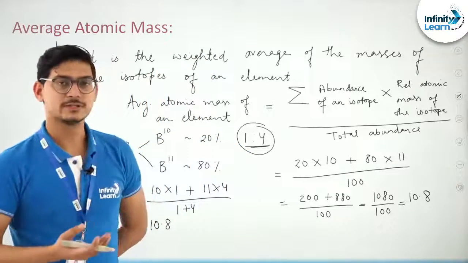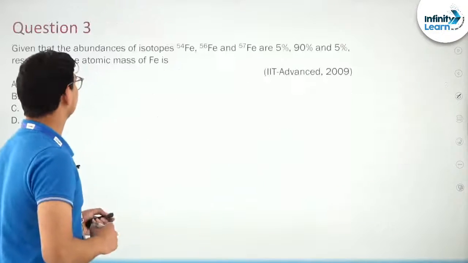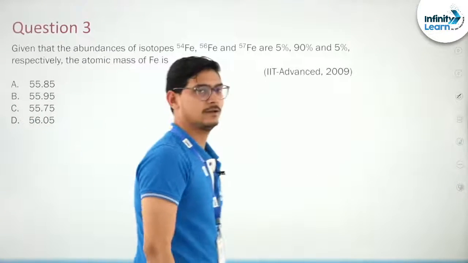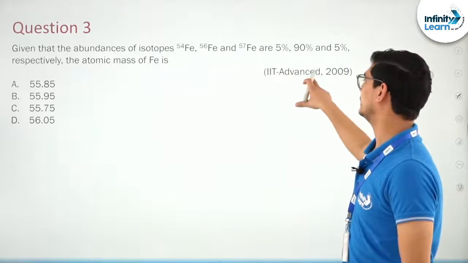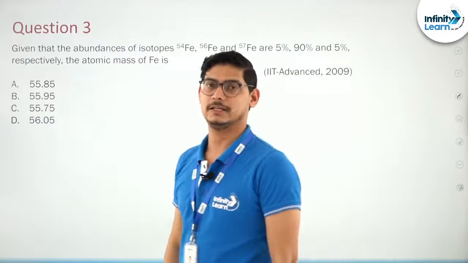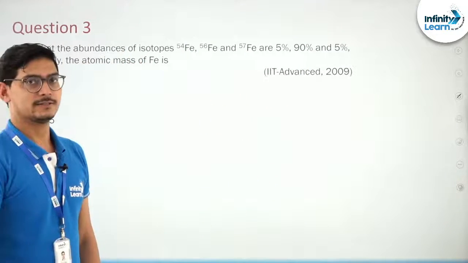Over the years, some questions have been asked in JEE, so let us take some of them. Can you imagine, such a straightforward question was asked in IIT Advanced in 2009. Go through the question and calculate the answer.